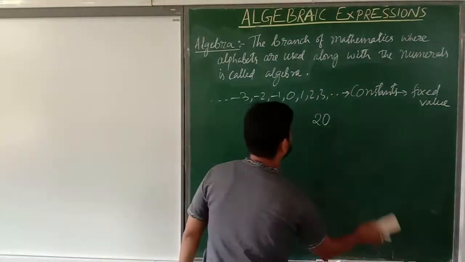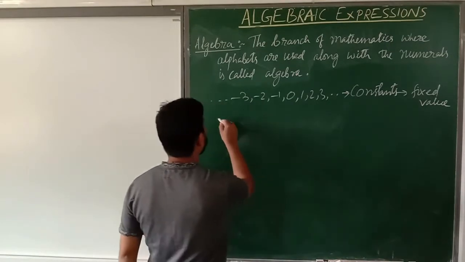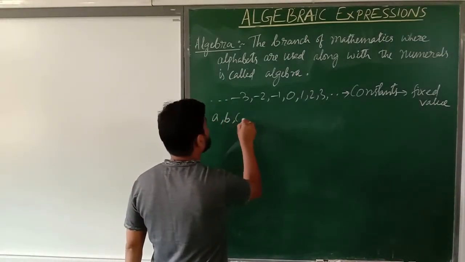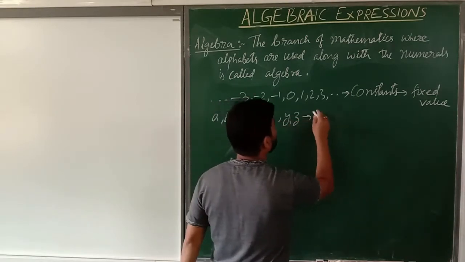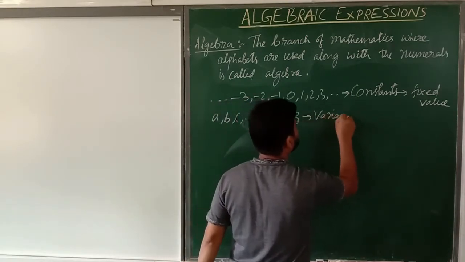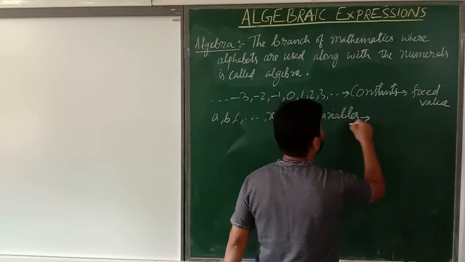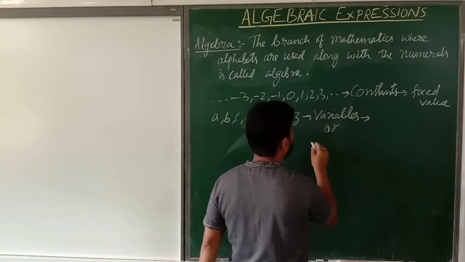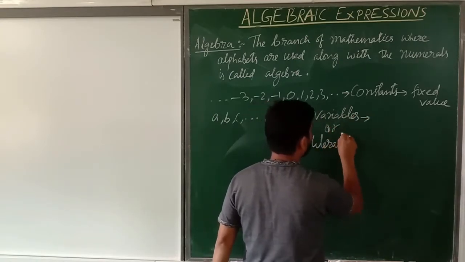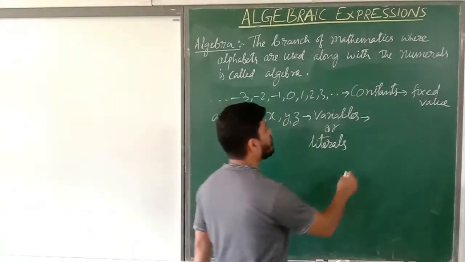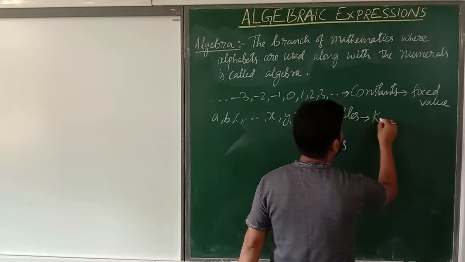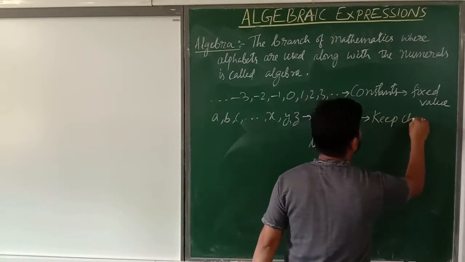So the value of these numerals is fixed, constant. And the alphabets are called variables, or literals, which means that they keep changing their value.